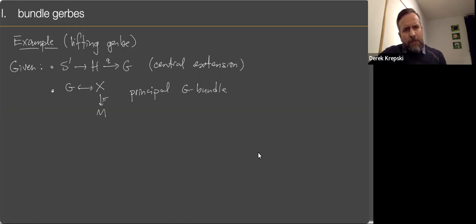The data is a central extension of Lie groups by S1, and a principal G bundle. This gerbe has to do with trying to lift the structure group of the principal bundle from G to H, but we won't talk about that in any specific detail, just to give you a sense for why it's called the lifting gerbe.